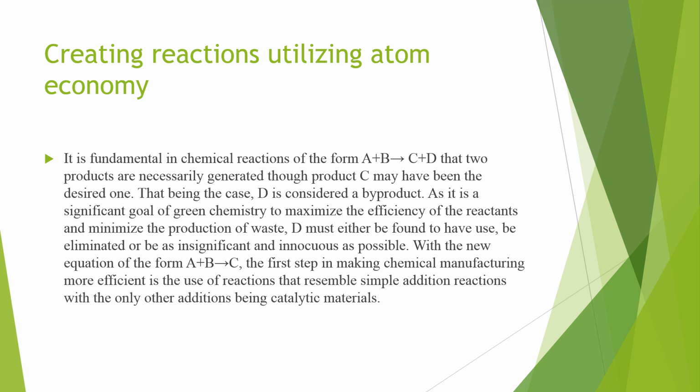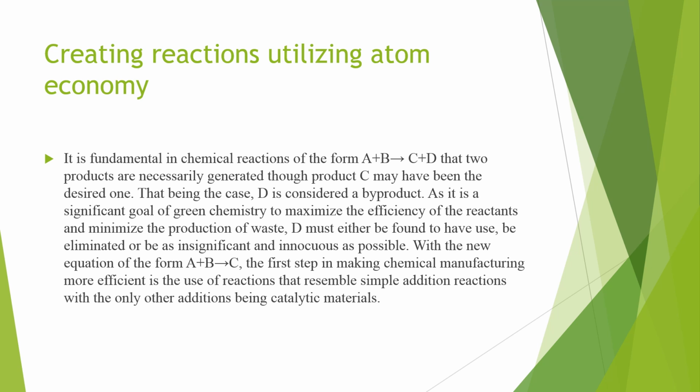What is the meaning of this sentence? What is the significant goal of green chemistry? Maximize the efficiency of reactants but minimize the production of waste. D must either be found to have use, be eliminated, or be as insignificant and innocuous as possible.